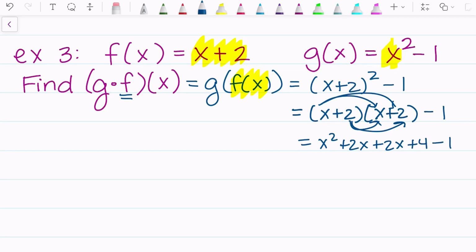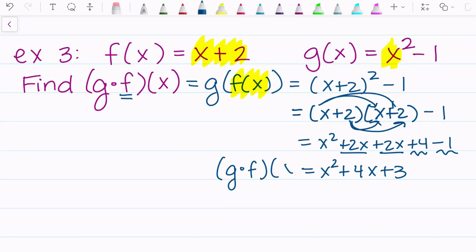Drop down your minus 1, combine your like terms. So I have x squared plus 4x and then plus 3. And again, I'm going to write it with the original notation, even if I don't like that notation.